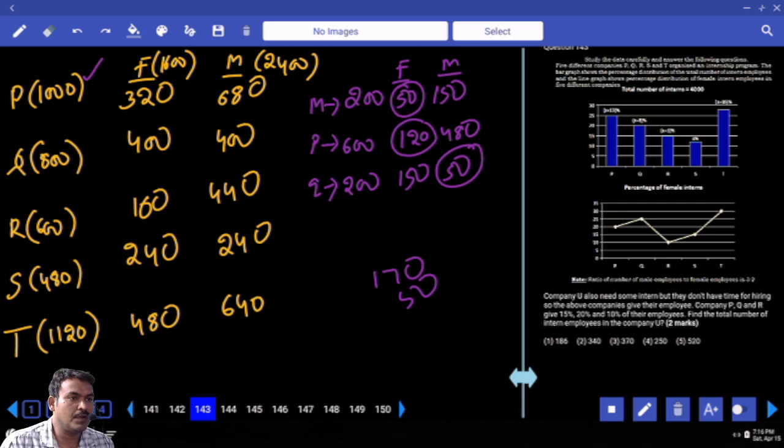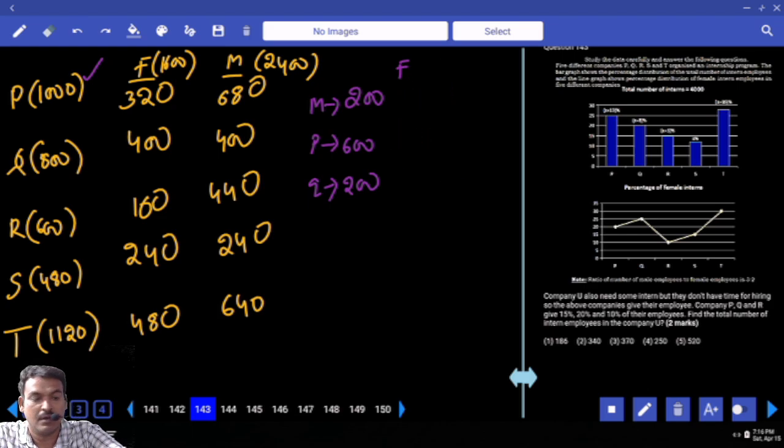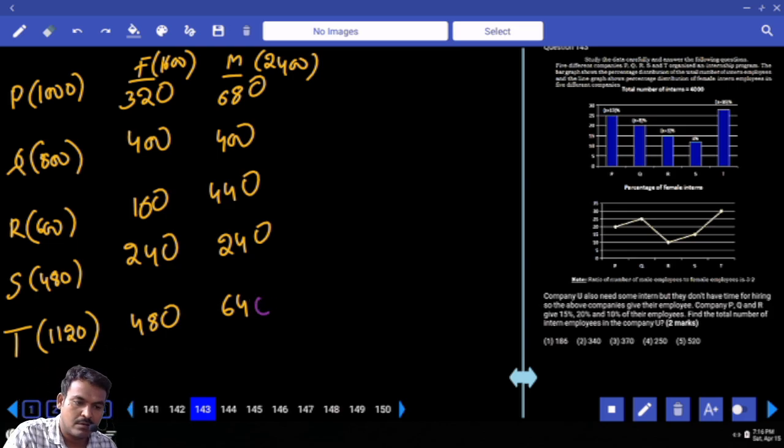Company U also needs some interns but they don't have time for hiring, so the above companies give their employees. Company PQR give 15%, 20% and 10% of their employees. Find the total number of intern employees of company U. First company P. Company P total how many members? 1000.